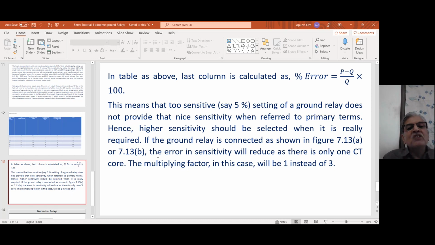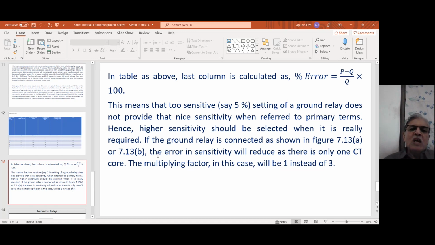So the overall sensitivity, if the other two kinds of connections are used, that is connecting the ground relay in the secondary circuit of the neutral CT, would give me better sensitivity. If I use CBCT, that would also give me better sensitivity in primary terms. That is the advantage of those two connections.